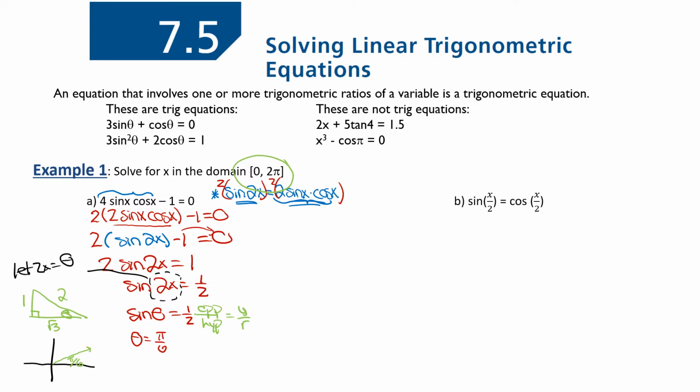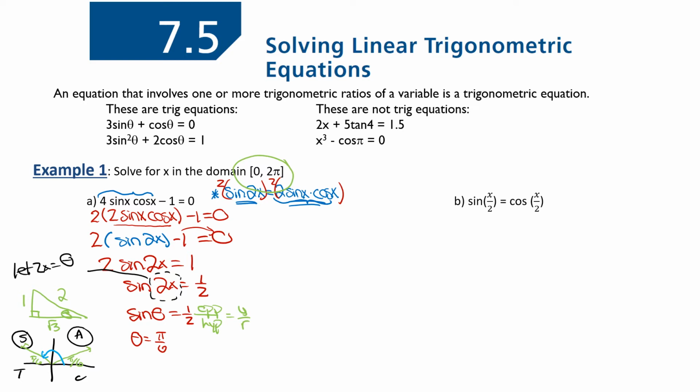And we're looking for where sine is equal to 1/2. So we consider the CAST rule. Sine is, of course, positive in this quadrant. Sine is also positive in this quadrant. So I pick up my pi over 6 angle and put it in the second quadrant. There's pi over 6 again. But what I need is this rotation to that terminal arm, and that rotation is going to be 5 pi over 6.